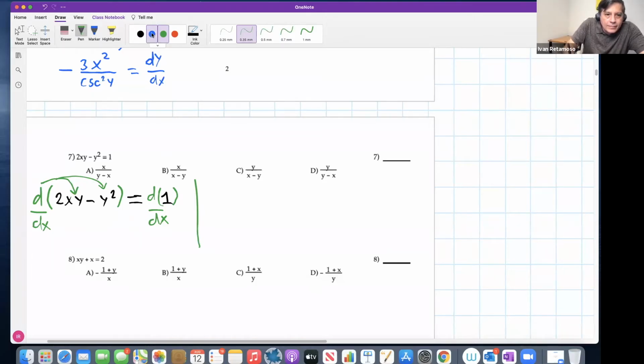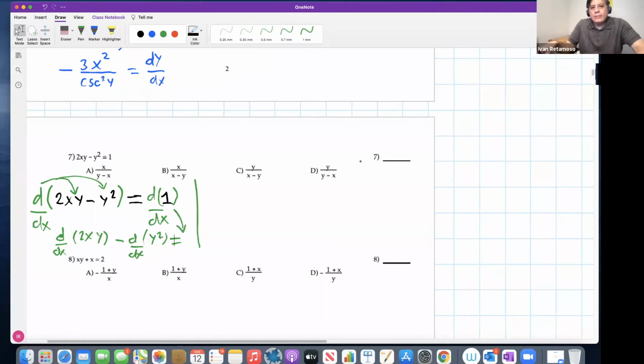Okay, so the derivative of this part will be the derivative with respect to x of twice x y minus the derivative with respect to x of y squared, right? And anybody could tell me what's this derivative? Derivative of the constant function 1 with respect to x.